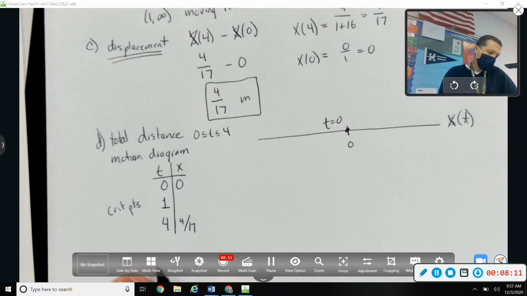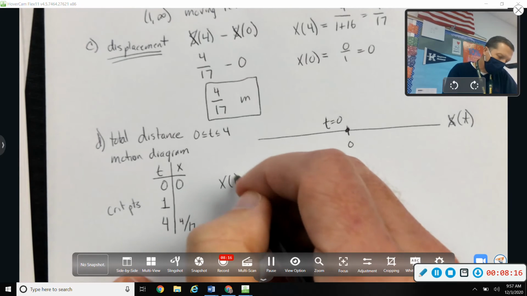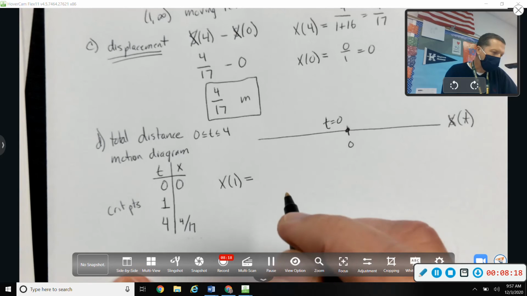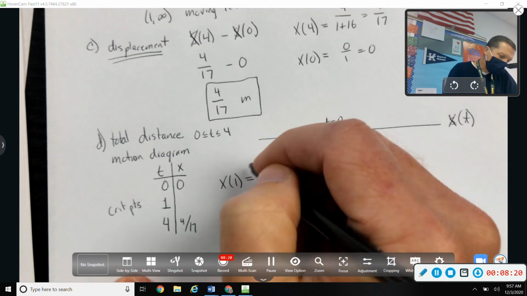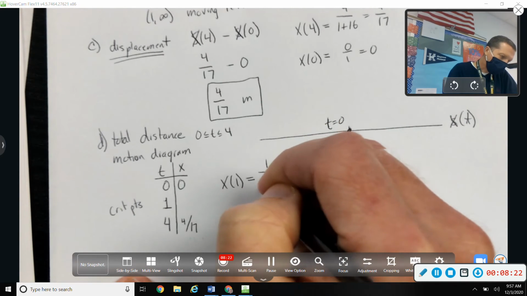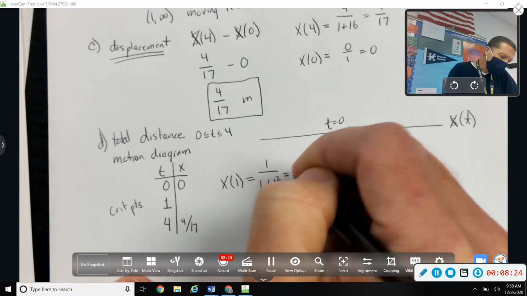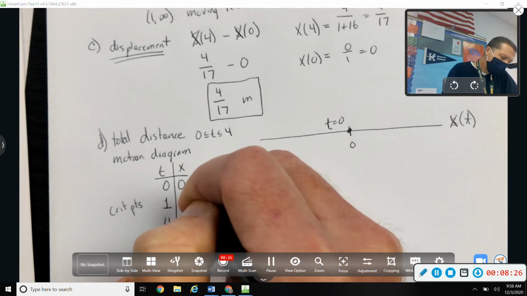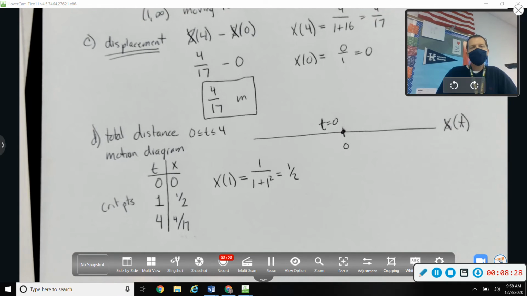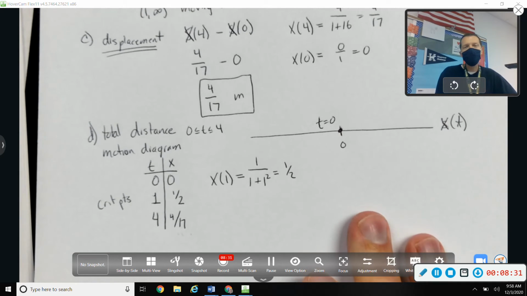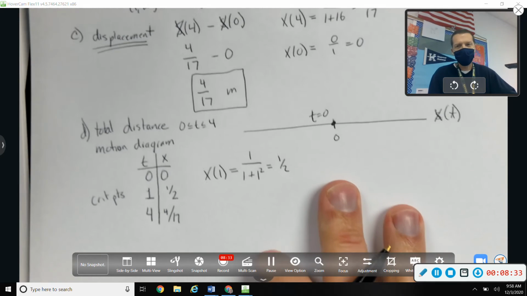And then I guess I move back to the left to 4/17, but I need x of 1 to figure out where we are. So all the way back to the beginning for the position equation. So when time is 1, we're at x equals 1/2.